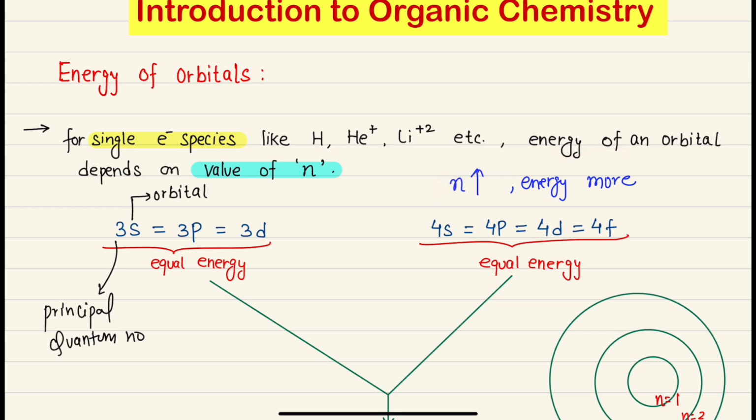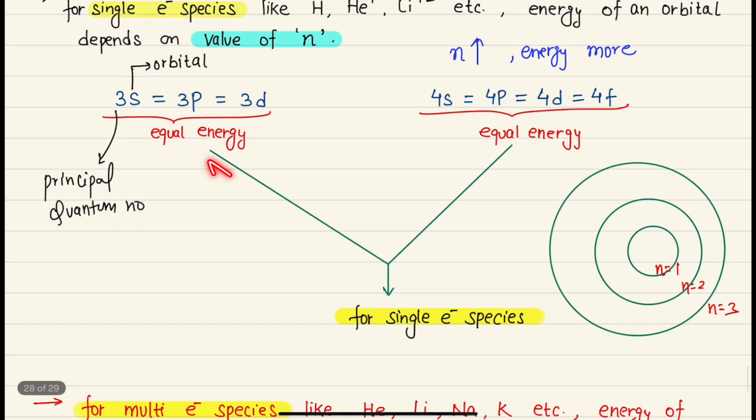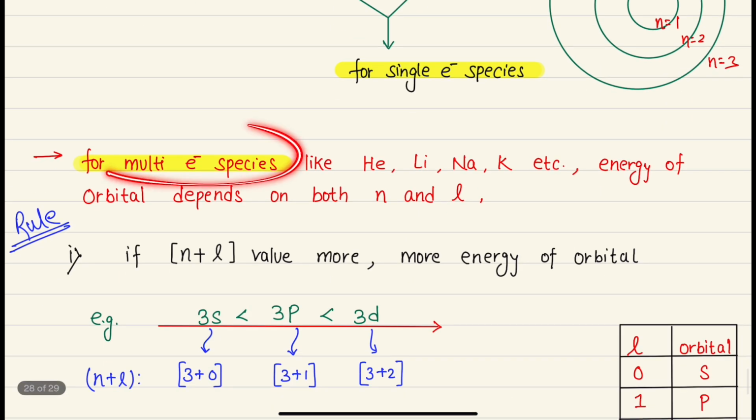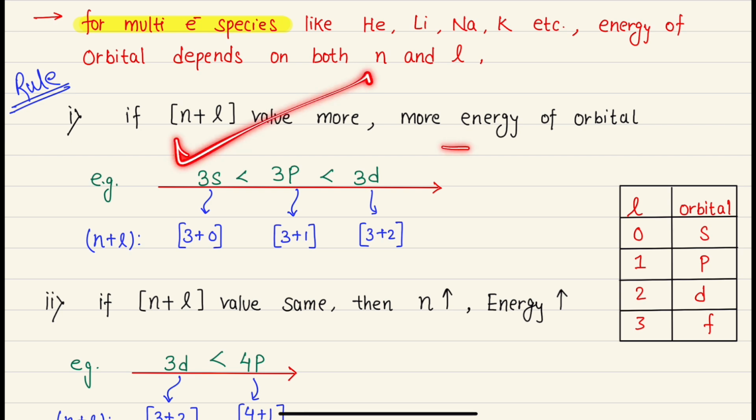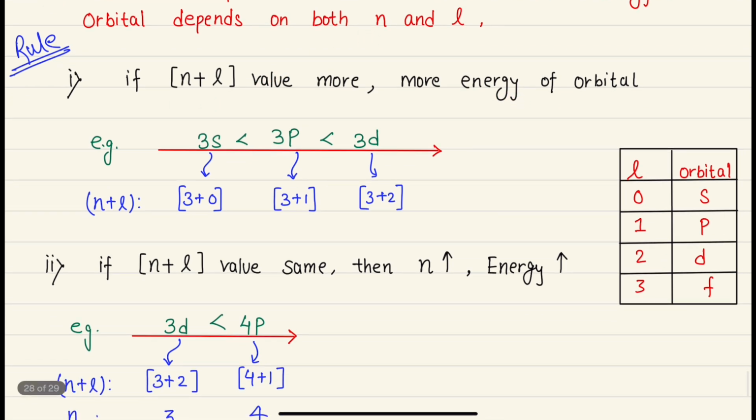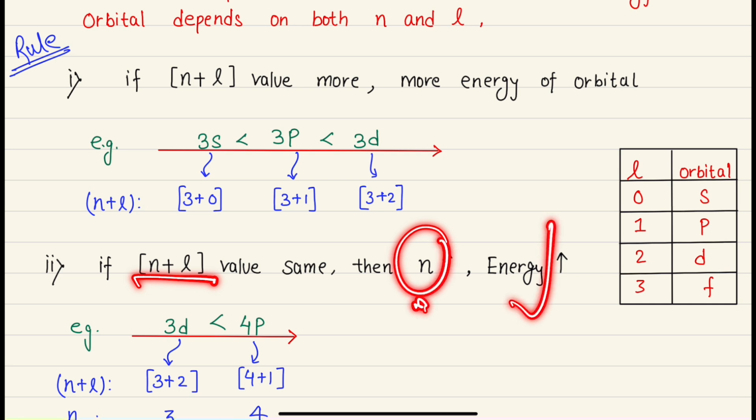N value same, energy will be same. But this is valid only for single electron species. Now for multi-electron species, we first check the n plus l value. If n plus l value is more, then that orbital has more energy. And if the n plus l value is the same, then check the n value. If n value is more, then that orbital has more energy.